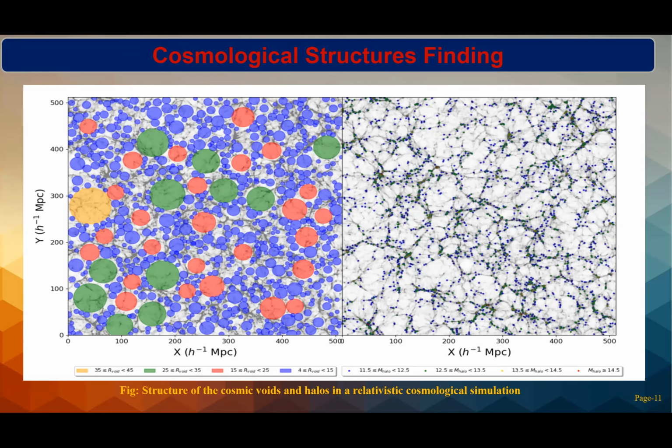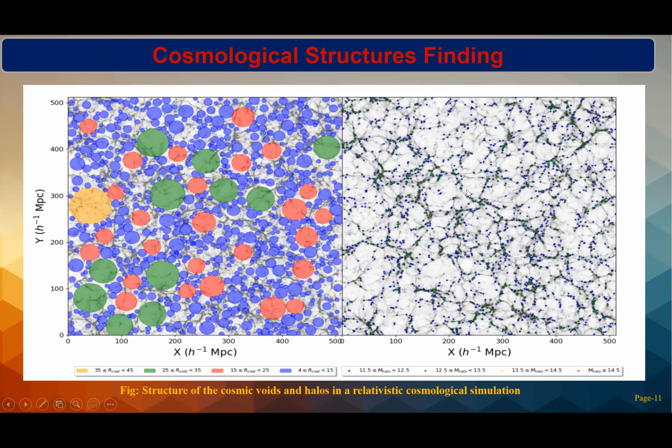I have also used another publicly available code, Pylians, which provides the positions and radii of voids. In the left panel of this slide, the different colored circles with different radii are the voids, and the gray color indicates the particle distribution of the simulation volume.